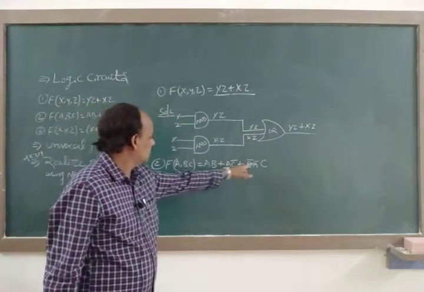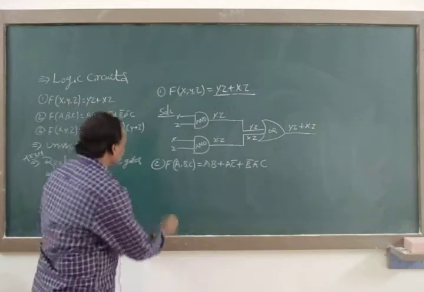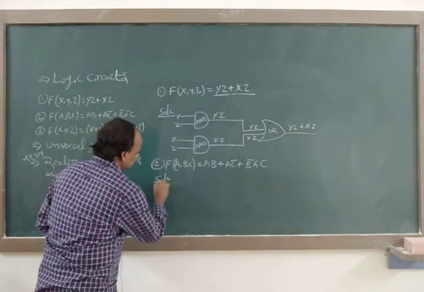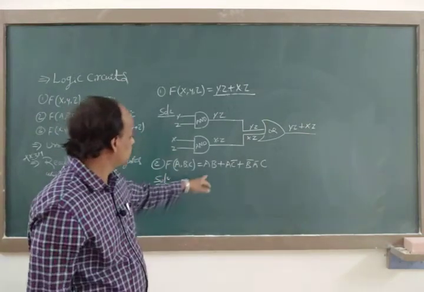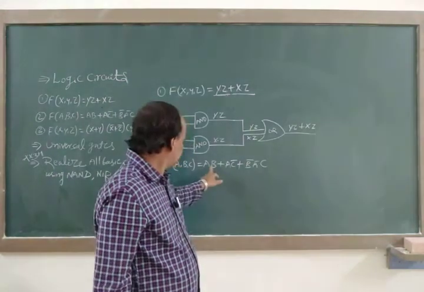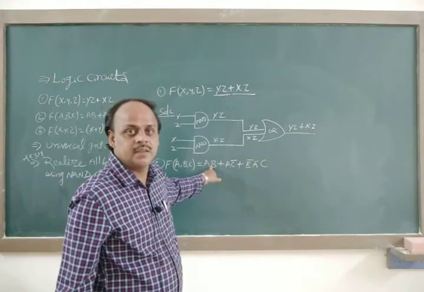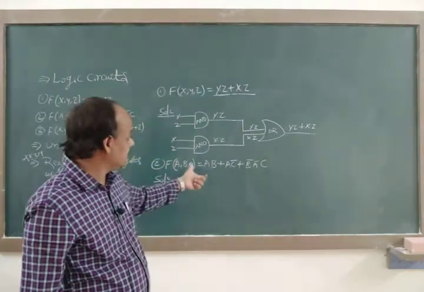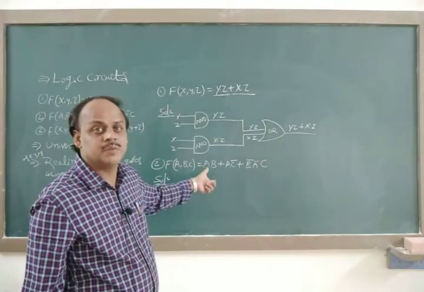So here observe first the given Boolean function. Three terms are there, 1, 2, 3, and in each term logical multiplication is there. Logical multiplication means AND gate.